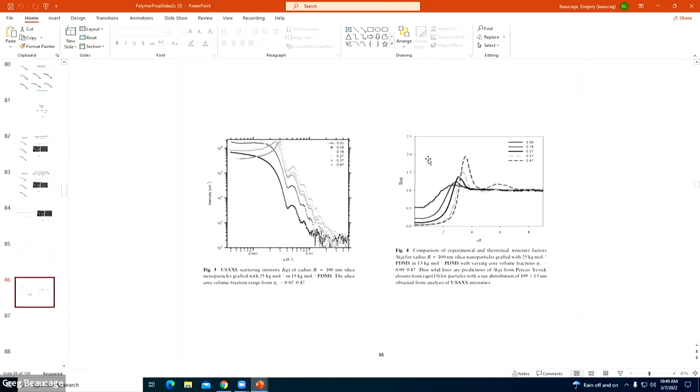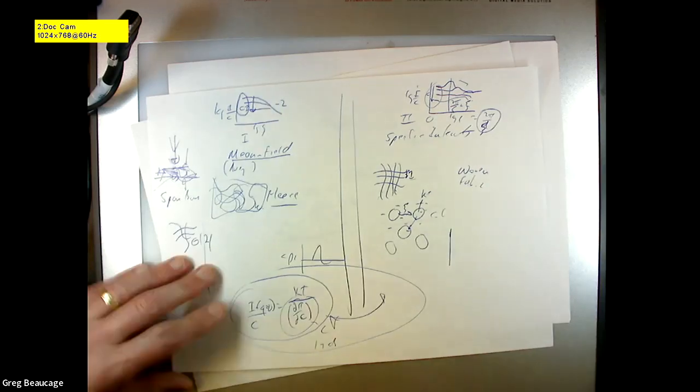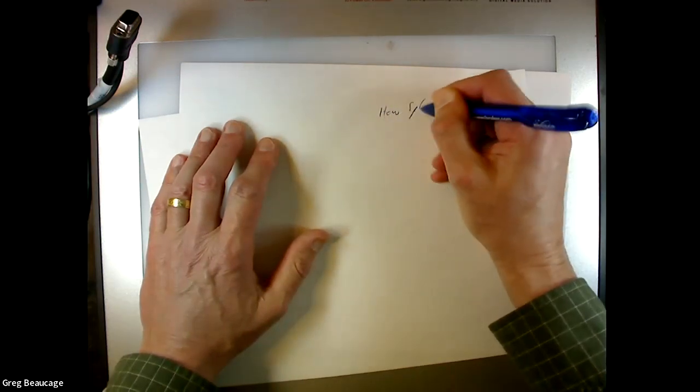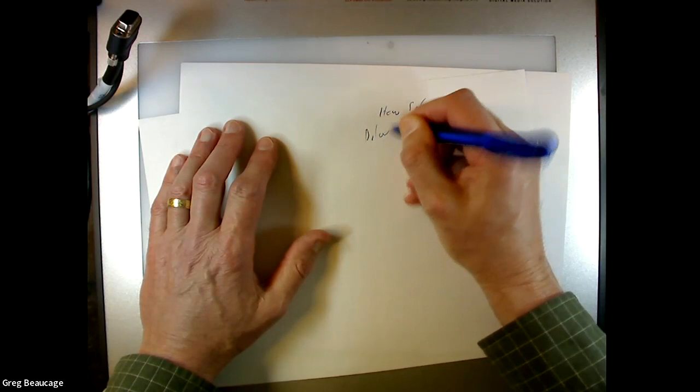Here. So this is S of Q, the structure factor. So in this kind of case, you take the dilute one, which is the sphere function. This actually has to do with the homework. So we have spheres. You look at dilute, so there's no interaction.